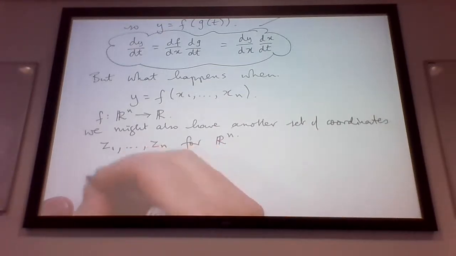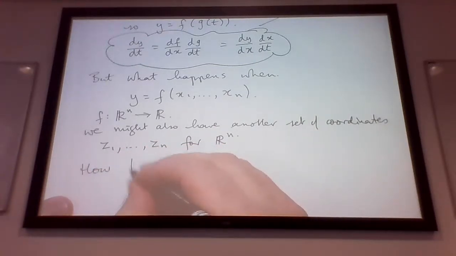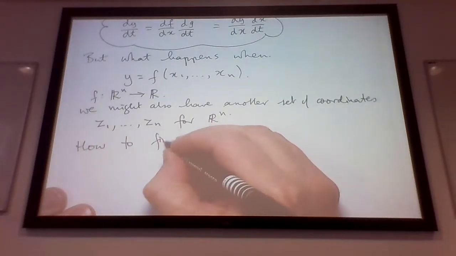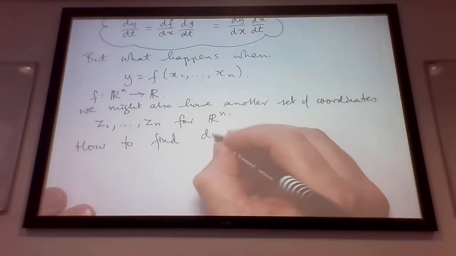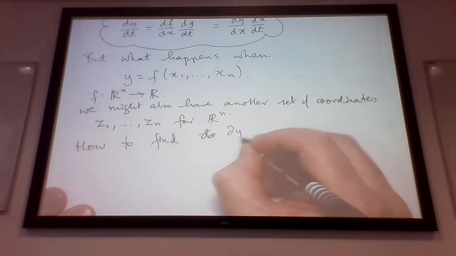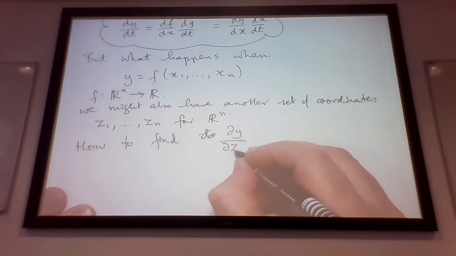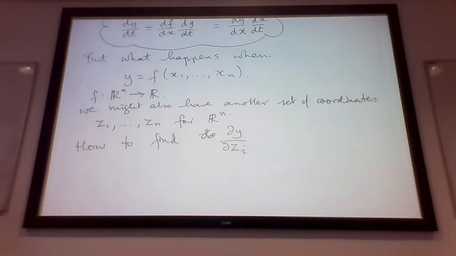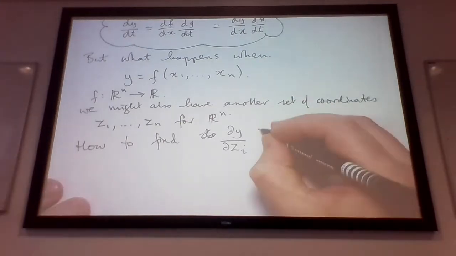And the question is how to find the partial derivative of y with respect to one of these new coordinates zi. So this is the question we're facing.